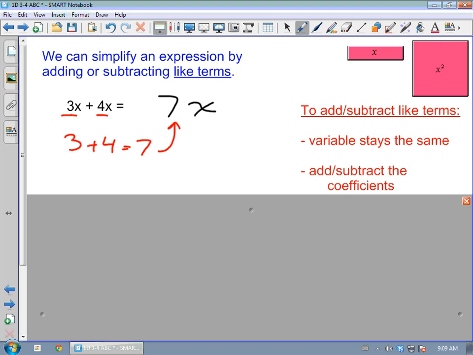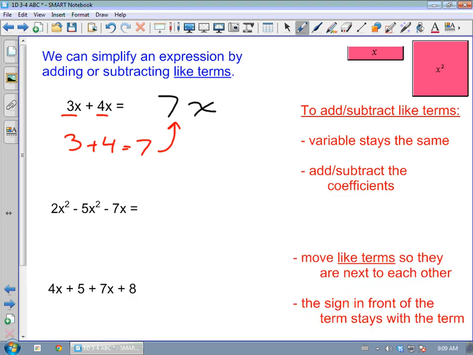So let's do some examples here. 2x squared minus 5x squared minus 7x. What we want to do first is we want to figure out, are there any terms in this thing that are like terms? So let's identify the like terms. What are our like terms here?